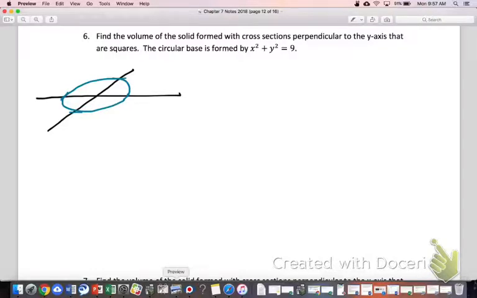So then if we're perpendicular to the y-axis, then these squares, maybe I'll draw in one or two of these, would look about like that. It's not great. Makes sense? Then you could have another one right here, maybe. Be a little taller.